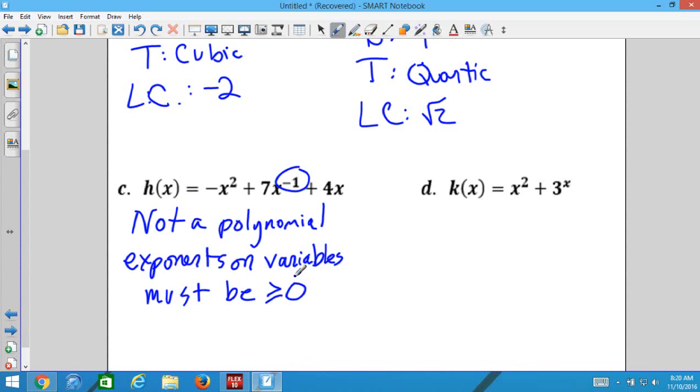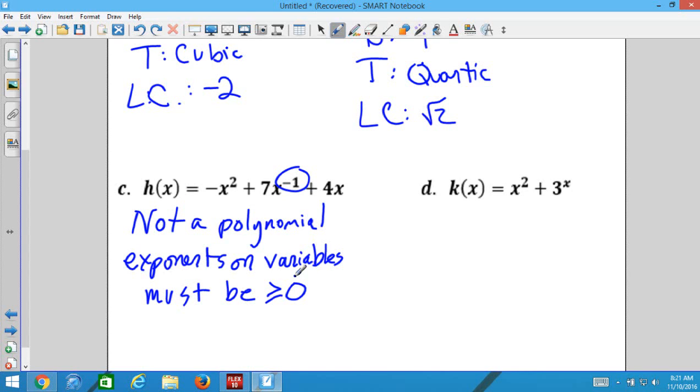So the exponents cannot be -1 on the variable. They can be -1 on a number. They can't be -1 on the variable. So then you wouldn't have to answer anything else, because it's not a polynomial.